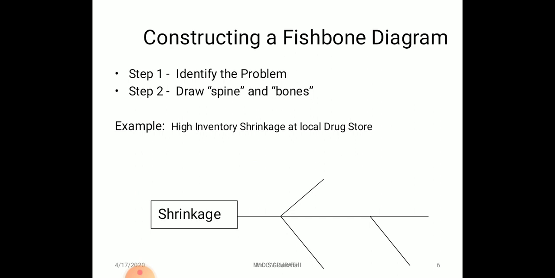How do we solve a problem with this tool? Step 1, identify the problem. First, we have to identify the problem. Second step, draw spine and bones. And here, the example considered is high inventory shrinkage at a local drugstore. So there is a medical shop, and the owner found that there is a shortage of material in the premises.